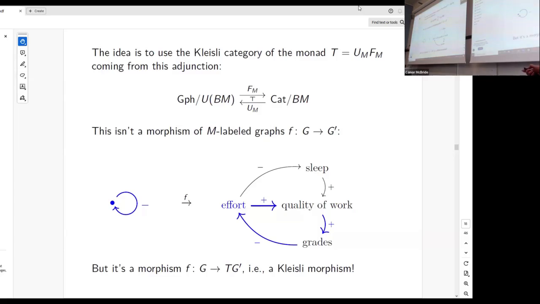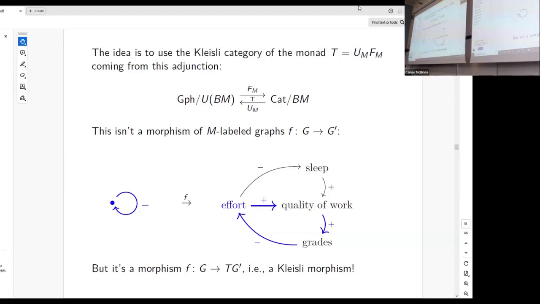So as I mentioned, there's a pair of adjoint functors between the category of M-labeled graphs and the category of M-labeled categories. Whenever you have a pair of adjoint functors, you get a monad, which is the composite of first doing the left adjoint and then the right adjoint. So that would be saying, take your M-labeled graph, form the free M-labeled category on it, and then take the underlying M-labeled graph of that.